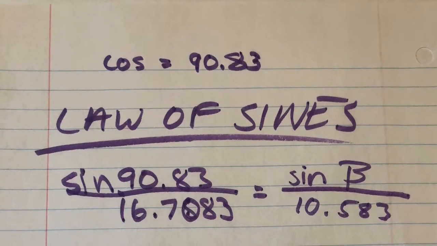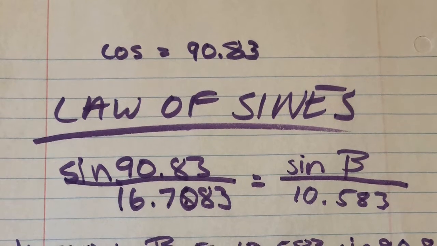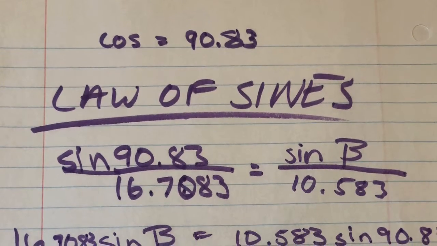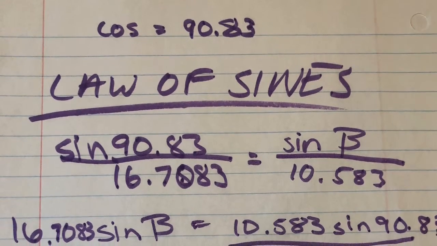Now that we have found the measure of angle gamma and we know the length of side C, we can now use this with the law of sines to find the measure of the other angles.